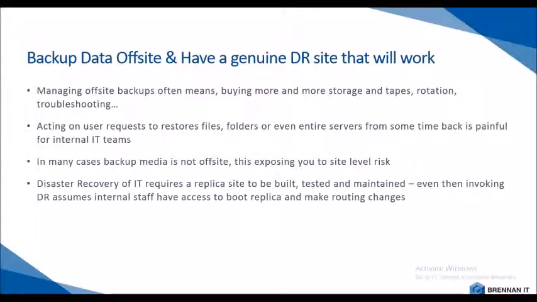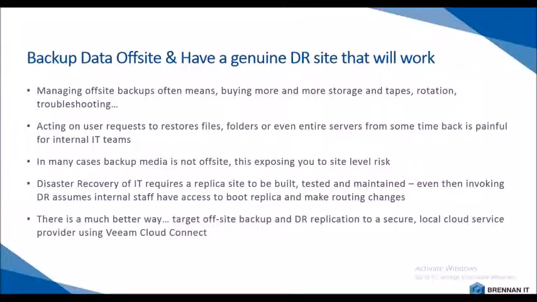On the disaster recovery side, the IT side requires a replica site to be built. This is usually a like-for-like stand-up in a secondary data center. You need to have that built, tested regularly, maintained, and then even invoking DR in that situation makes assumptions about internal staff having access to boot the replica and make routing changes, when in fact sometimes in a real disaster situation the internal staff may not have access to the off-site replica itself.